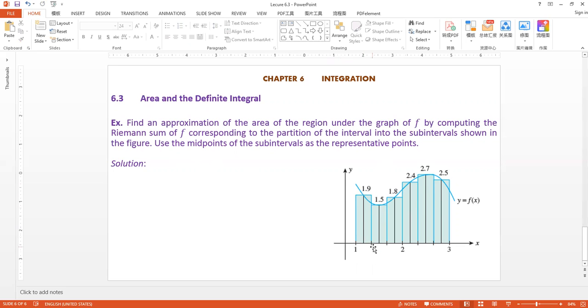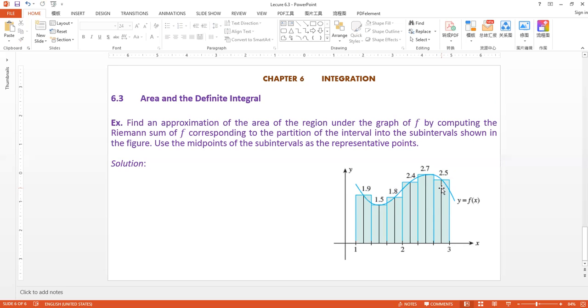We pick the midpoint in each subinterval, draw a vertical line that intersects the curve, and use that as the height of each rectangle. We compute the sum of these rectangles to approximate the area under the curve from x equal to 1 to x equal to 3.